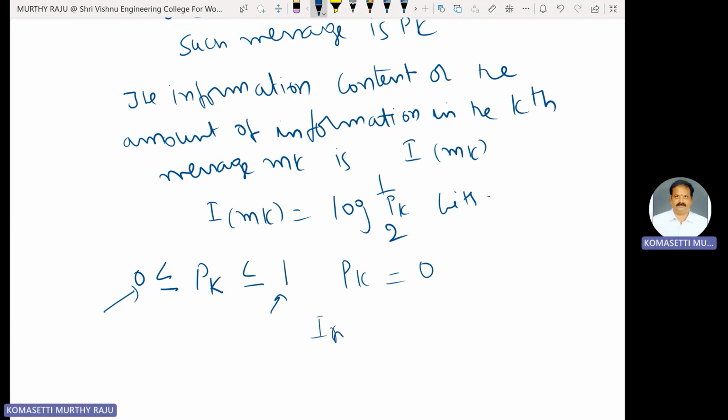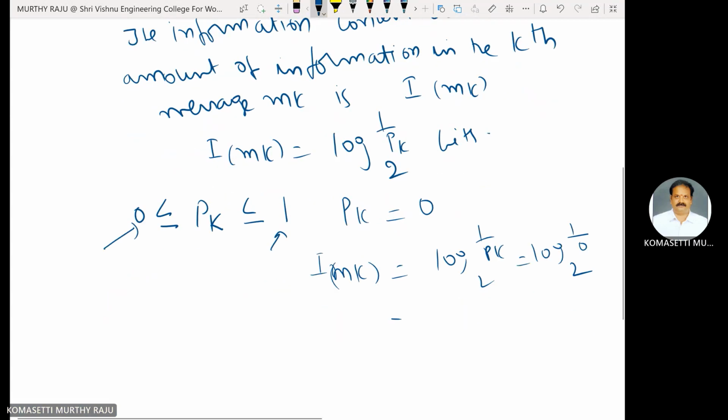I of MK is equal to log 1 by PK base 2, log 1 by 0 base 2. That is equal to log infinity base 10 by log 2 base 10. That is equal to infinity.